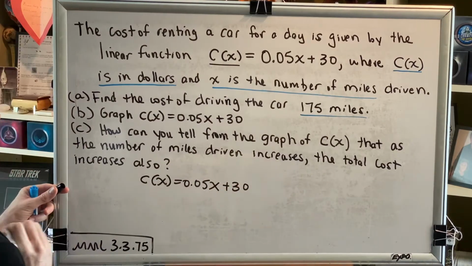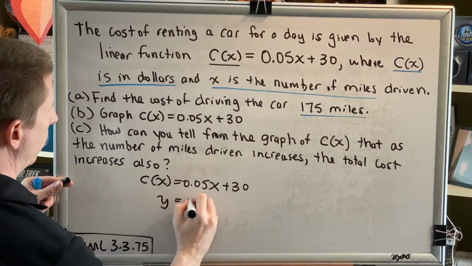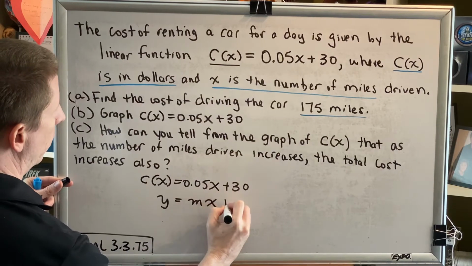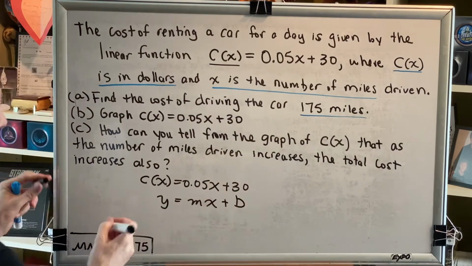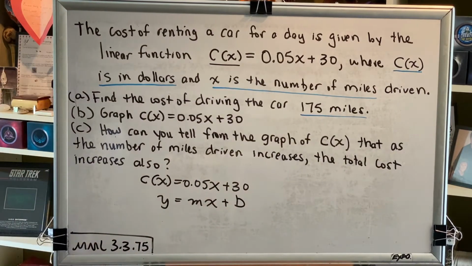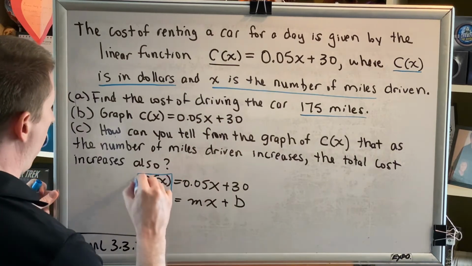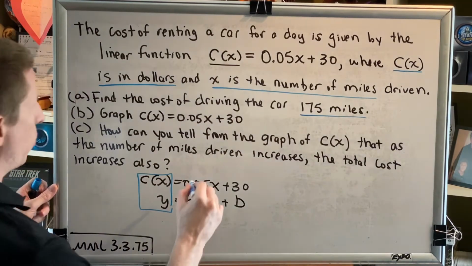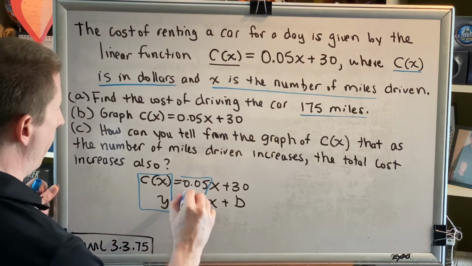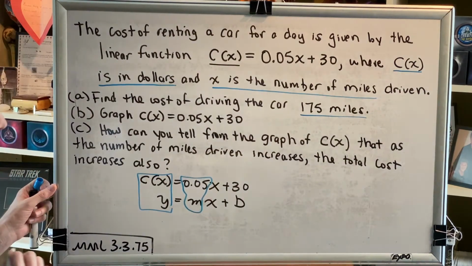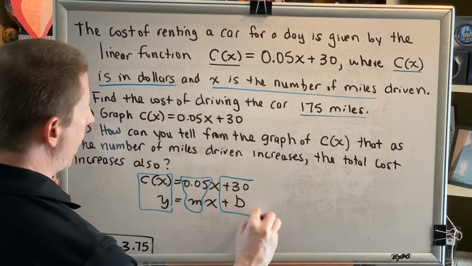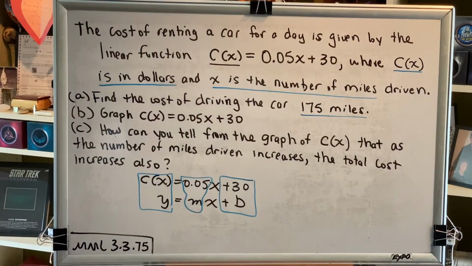That's the equation that was given to us. This is the slope-intercept form of a line. So we can see that in our problem, c of x is the same as y, the slope m is 0.05, and the y-intercept b is positive 30.